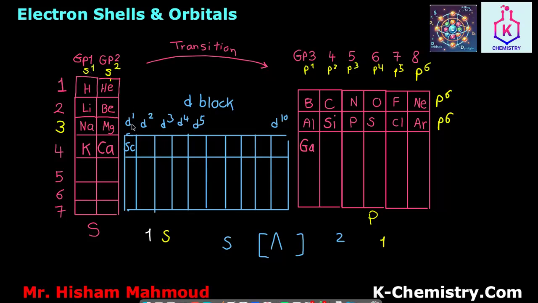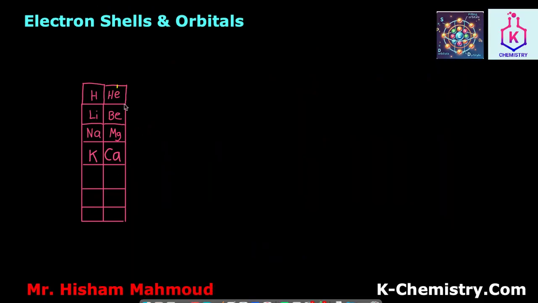The first block is going to be called the S block. The reason the S block is called so is because all the elements in the S block, which is usually found in group 1 and group 2 of the periodic table, will always have a configuration that ends with S.